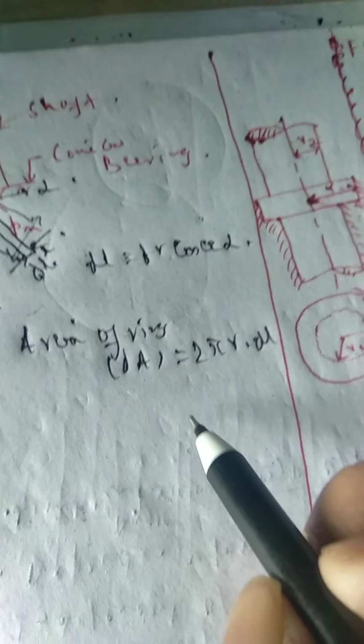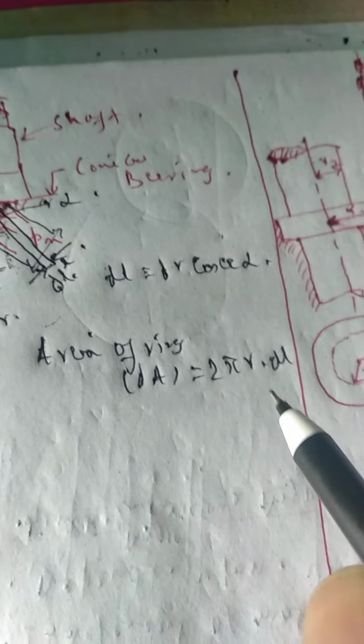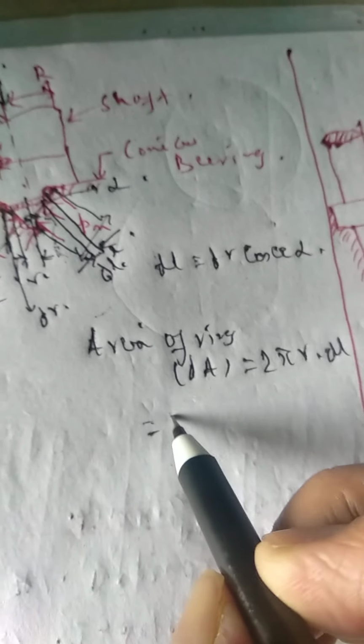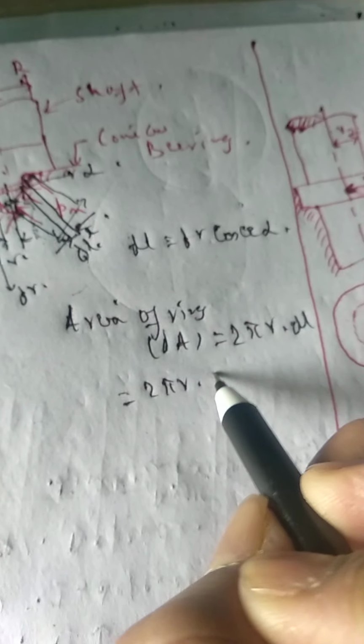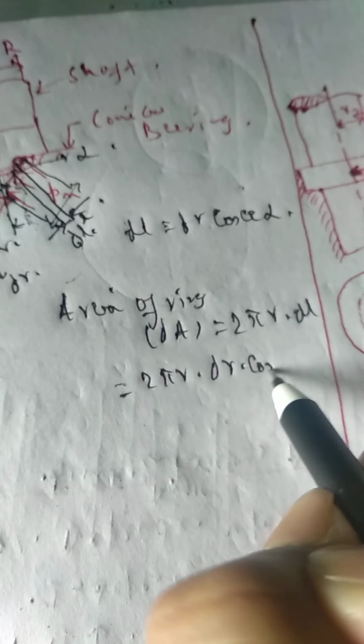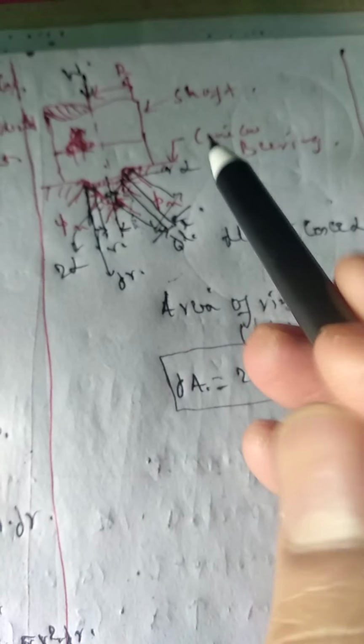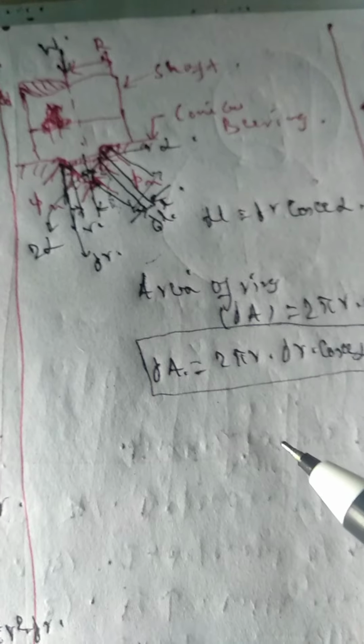So this will be the elemental area, and substituting the value of dl, it is 2 pi r into dr cosec alpha. This is the variation in the value of dA. This is the only difference between the conical and the flat bearing. The other things will always remain the same.